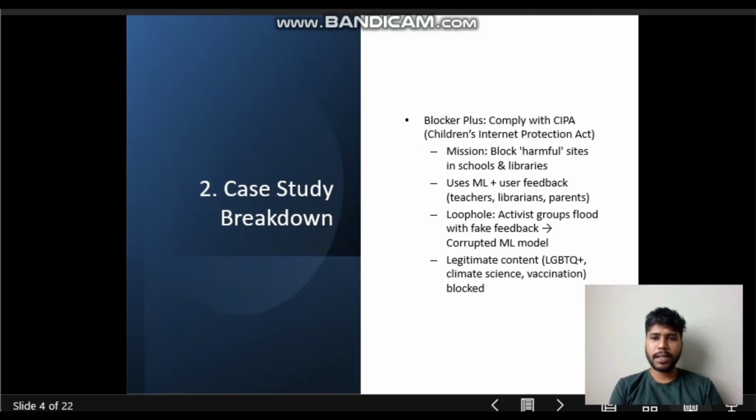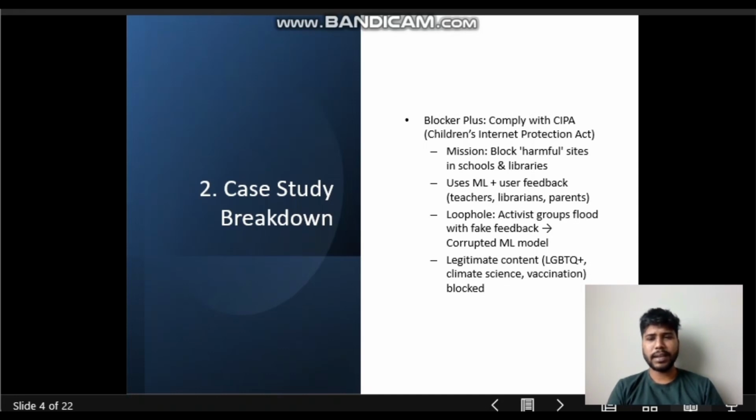To automate this process, Blocker Plus uses a machine learning algorithm. The system relies on feedback from users, teachers, librarians, and parents, to learn what content to block. But activist groups soon discovered a loophole.